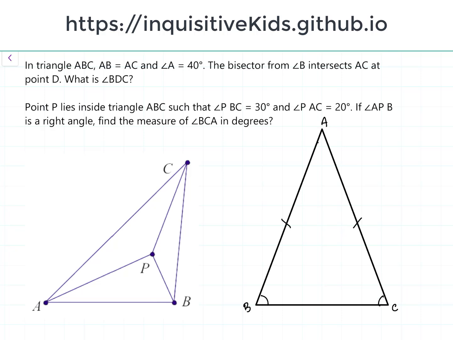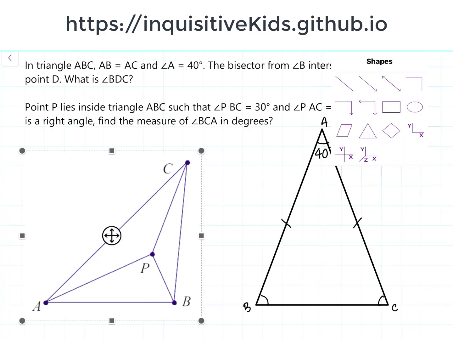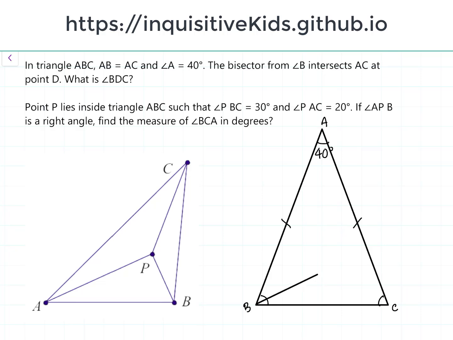Angle A is 40 degrees. So the bisector from angle B, so angle B is bisected, intersects AC at point D, so that looks about right. What is the angle of BDC? So BDC, this angle right here. So we're trying to find angle X.